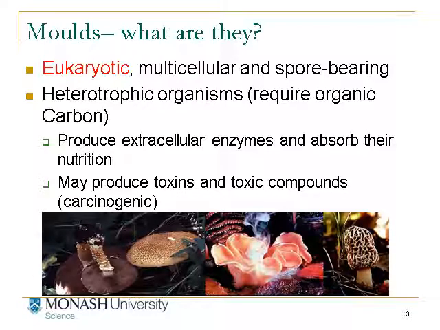Most of them produce extracellular enzymes and absorb their nutrition through hyphae and mycelia. Some of them may produce toxins and toxic compounds that could be carcinogenic. Shown here are various types of molds, also known as fungi.